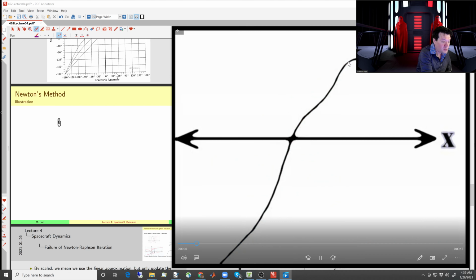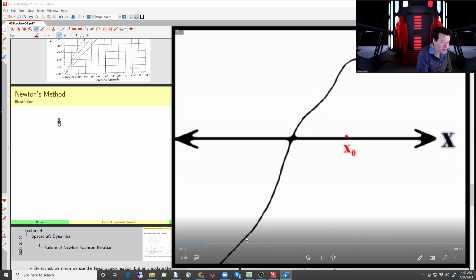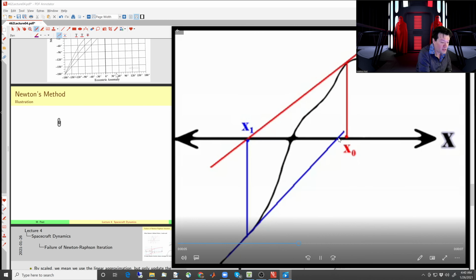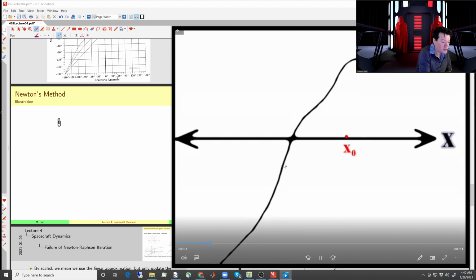We find the derivative of that function at the value of the initial guess. We use that linear approximation to find a new guess for the root. We use that new guess to find a new linear approximation of the function. And we use that to find a new guess, which is hopefully more accurate than the previous one. And we find a new linear approximation, new guess, new linear approximation, new guess, new linear approximation.